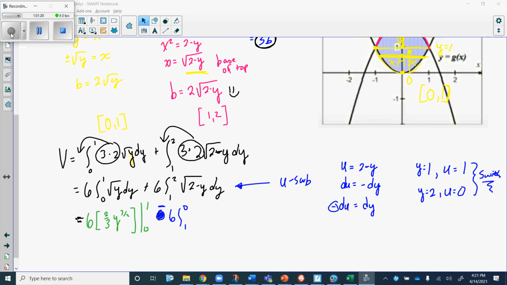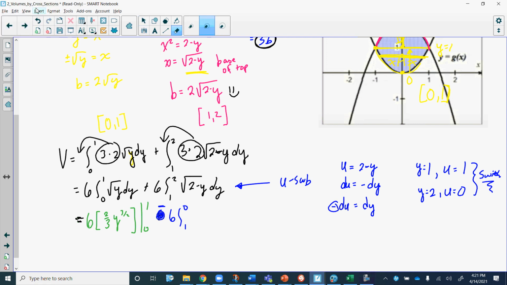But let's see, getting back to where we were. Let me reset a little bit here. We were talking about doing the u substitution for the upper region of the graph that we were looking at.